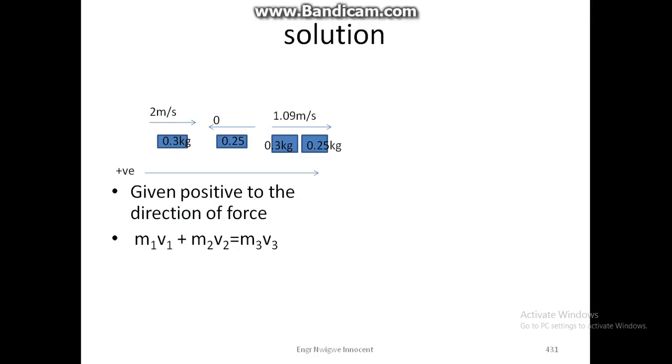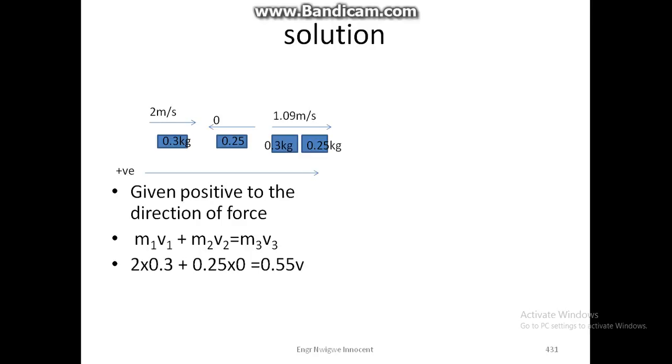The mass of the moving train is 0.3 and its velocity is 2 meters per second, plus the mass of the stationary body, 0.25, and the velocity is 0, and the mass of the two objects is 0.55.